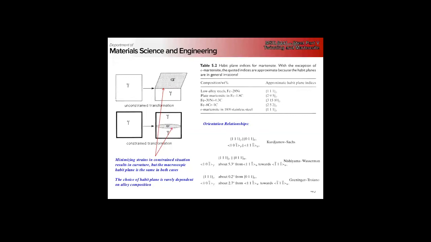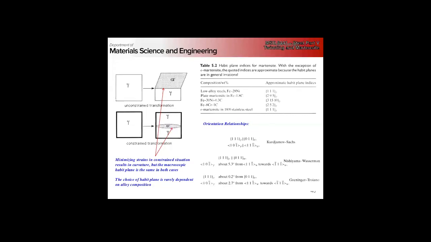The key physical notion behind this is that your close packed directions remain constant. And so this is observed in low carbon steels. Iron-nickel, we see a slightly different orientation relationship.